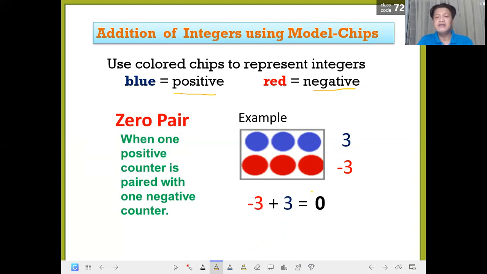Ibig sabihin niyan, that is 0. Bakit siya 0? Kasi pag pinartner mo yung tatlong blue dito sa red, meron siyang kapartner. Meron bang natira? Wala. Yun yung tinatawag natin zero pair. Lagi silang may kapartner, zero pair, or cancel out, walang natira. Kaya negative 3 plus 3, 0.